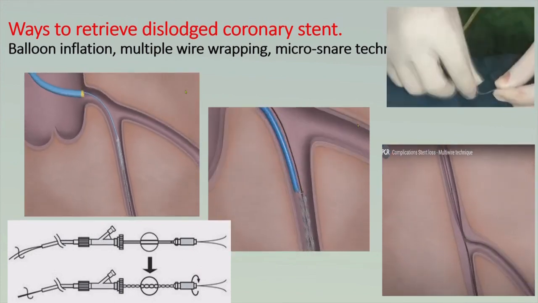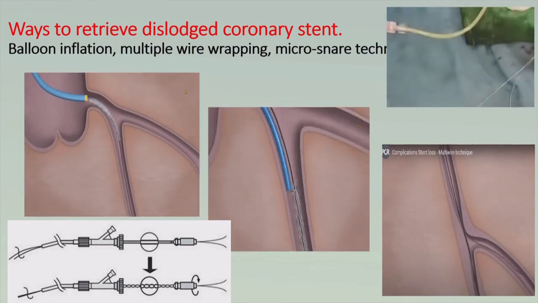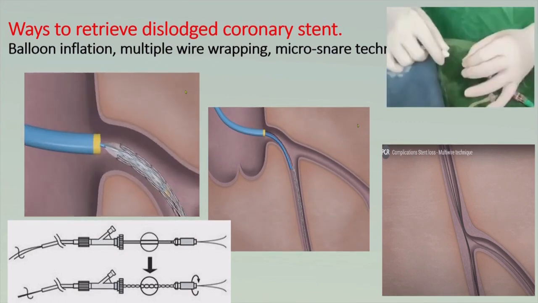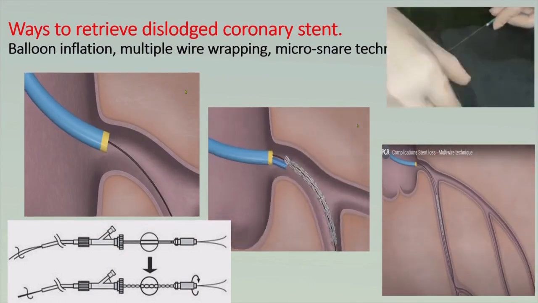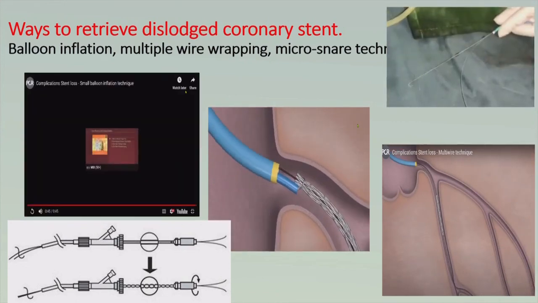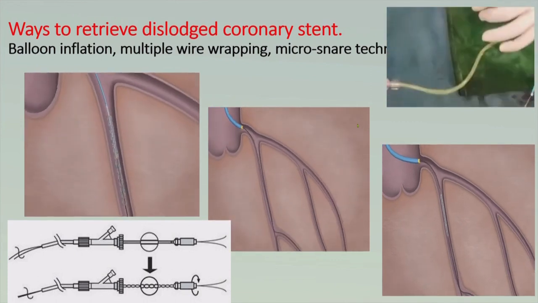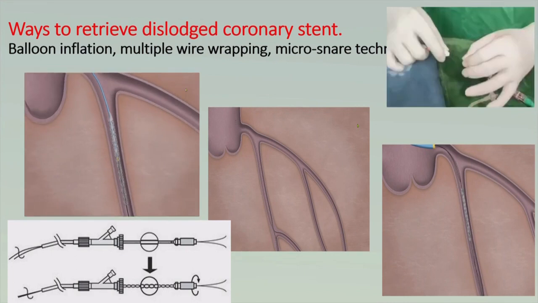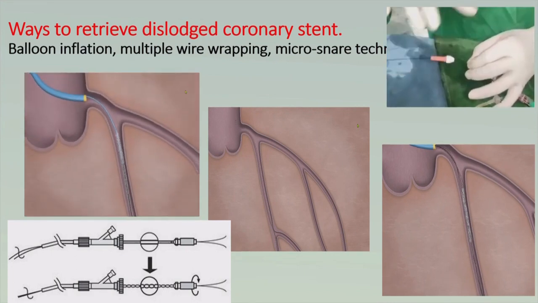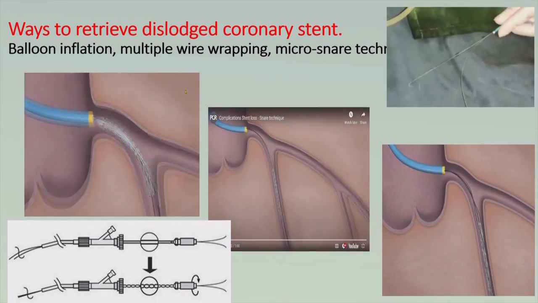First is the balloon inflation technique. Second is retrieval by snare, that is a micro snare, which is very delicate and should not be tried casually because it may produce some injury to the parent vessel. Another way is multiple wire twisting, but that should be done only by a very skilled operator.